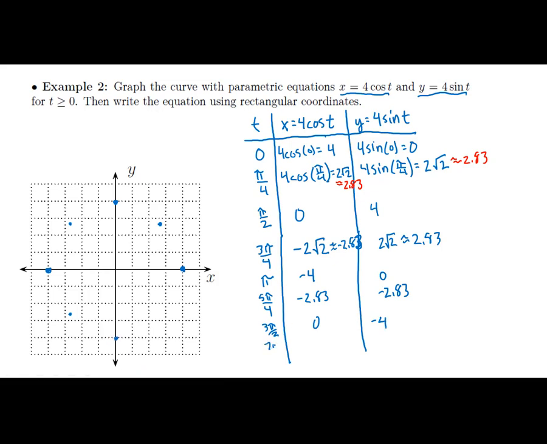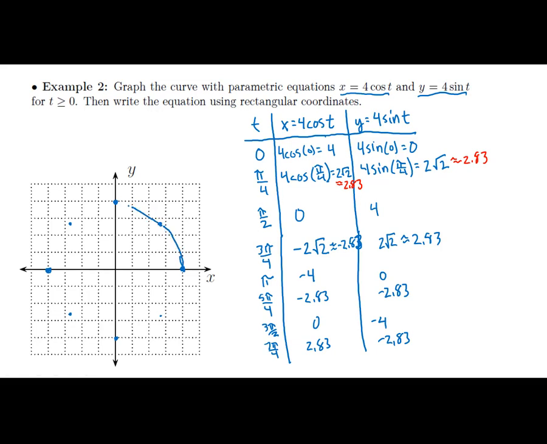And then 7 pi over 4 is going to be (2.83, negative 2.83). So puts me in that neighborhood right about there. And so it certainly seems like we're forming a nice circle here.